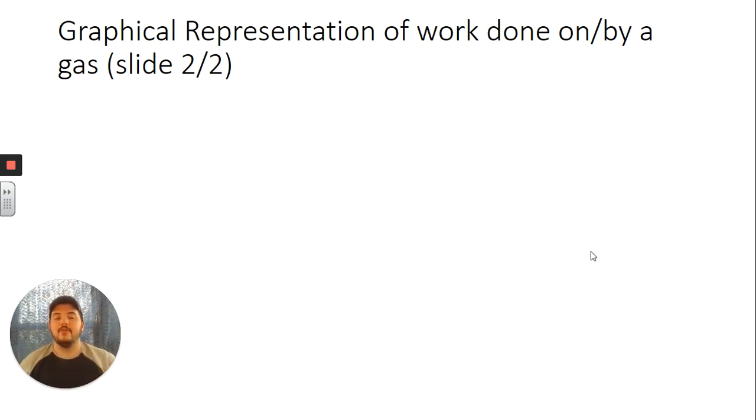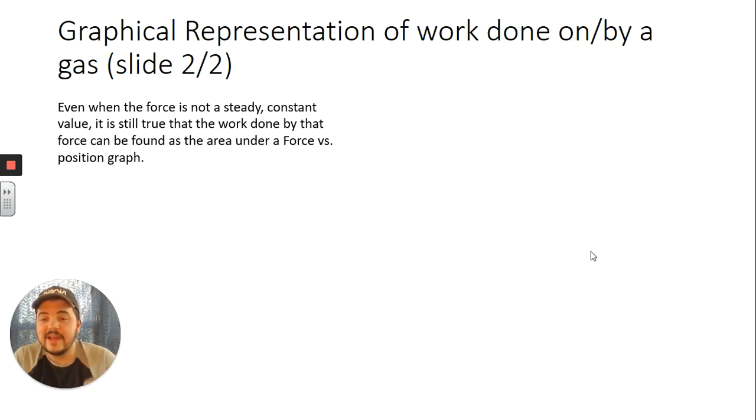So that was for a constant force or a constant pressure, but it turns out that this process generalizes. So you can always use the area under a force versus position graph to find the work that's done, even when that force is not a steady constant value.